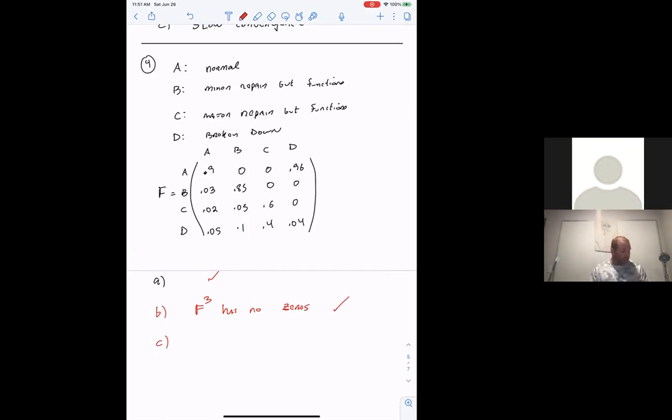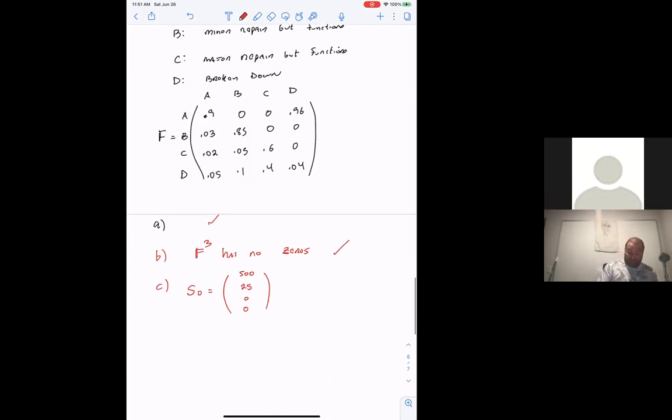C, MathCar begins business with a fleet of 500 cars in state A, 25 in B, 0 in C, 0 in D. Find how many cars are in each state after 10 months. So we want 10 transitions acting on S0.